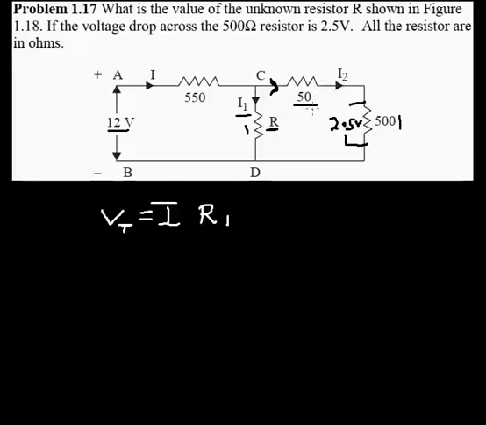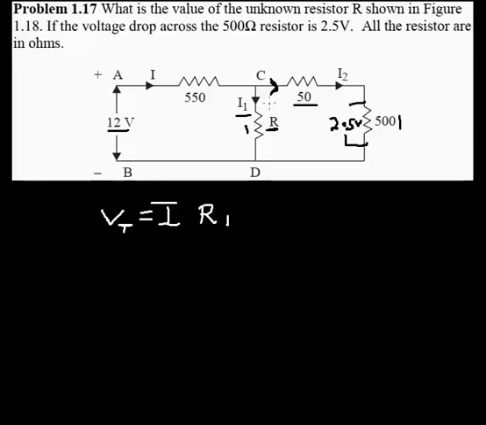So the branch with current I2 and the branch with current I1 are parallel, and all branches have the same voltage. So if I can get the voltage across branch 2, that same voltage is the voltage across branch 1, and that will help me get the resistance.